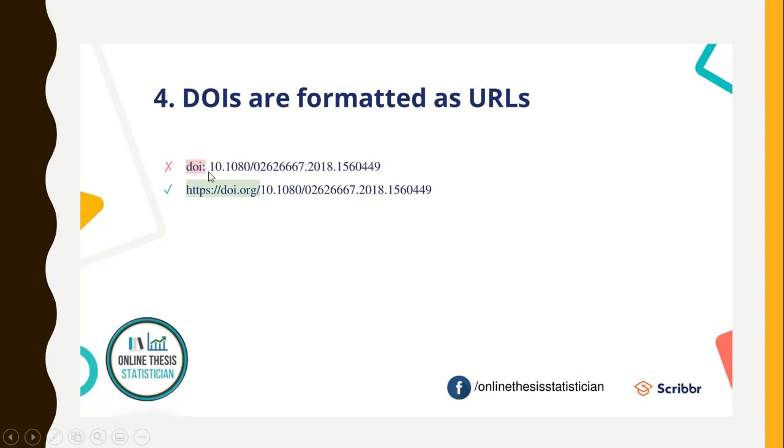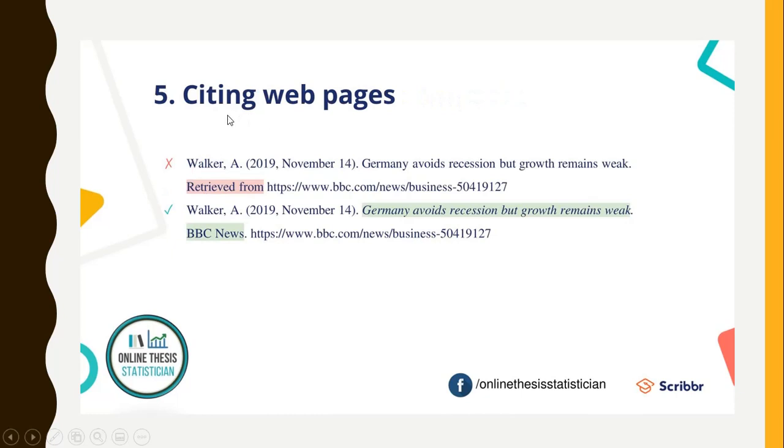Okay, it's no longer DOI colon and then the number, but https and then the URL. Again, DOI is digital object identifier, and this was already discussed, right? In Practical Research 1, and also in my previous video I already talked about DOI.